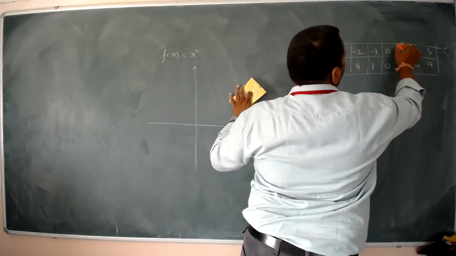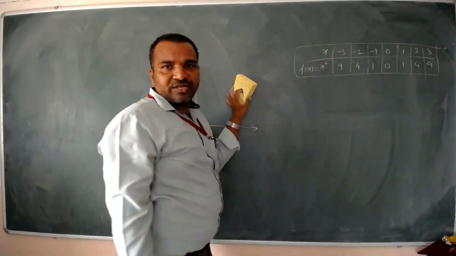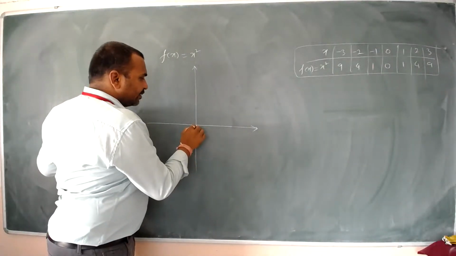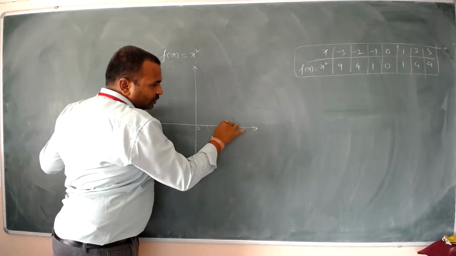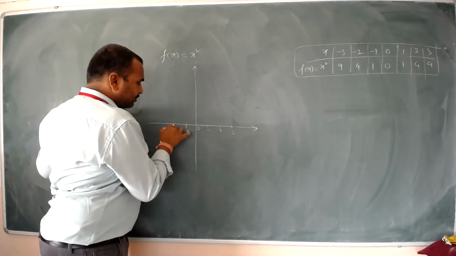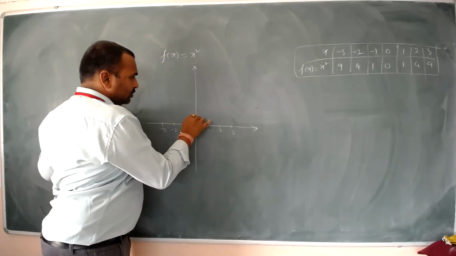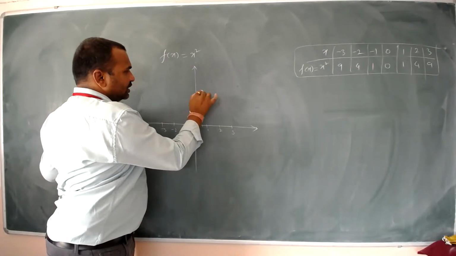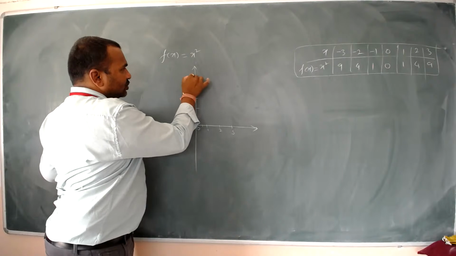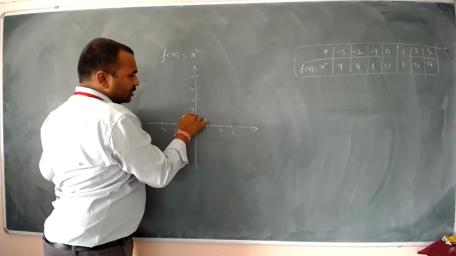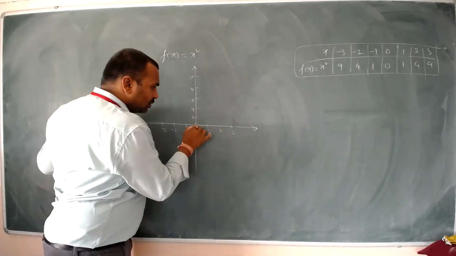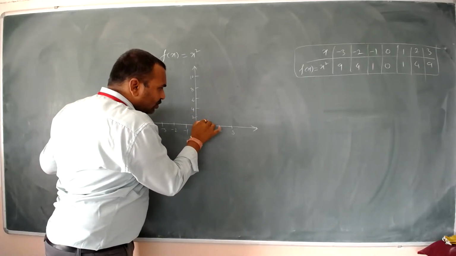Now I want to draw the graph of this function. Okay? See, 0, 1, 2, 3. Here -1, -2, -3. So 2, 4, 6, 8, 10. I'm taking 2 units. At 0, 0. At 1, 1.